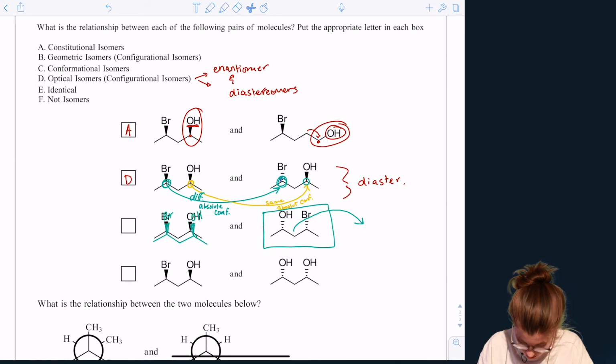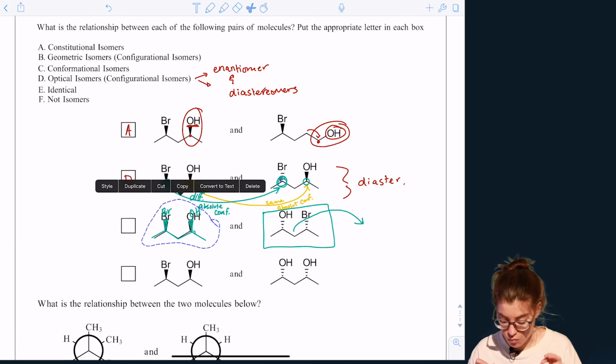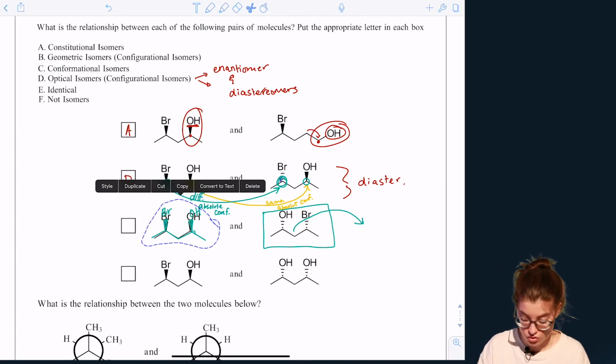Well, let's see here. Oh, wow. That lines up perfectly. The wedges all match. The functional group connectivity all matches. So that means these two molecules are superimposable, which means they are identical.